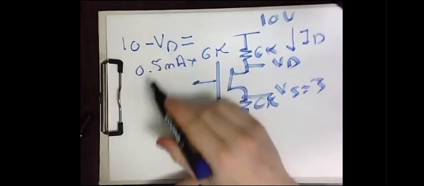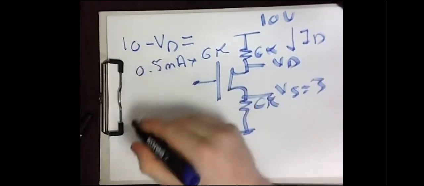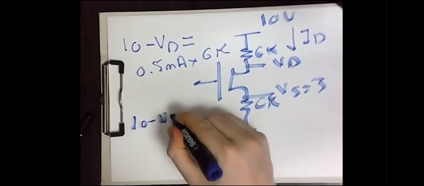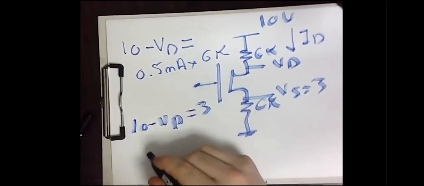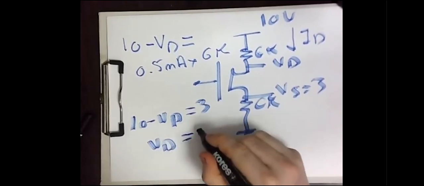So 10 minus VD equals 3. So VD equals 7 volts.